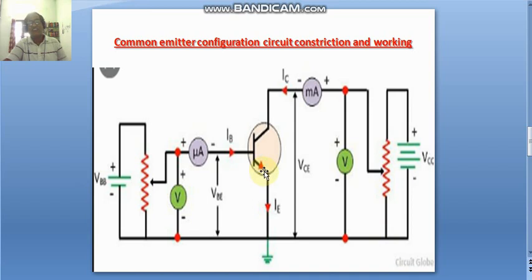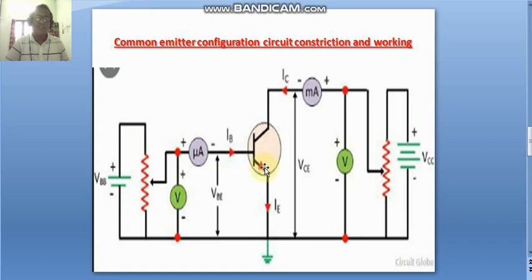This red arrow mark represents the conventional direction of the current, which is away from the base. Only in the case of an NPN transistor is the current direction away from the base. This is one method, and the second method is that the emitter is connected to the negative terminal, so it represents an NPN transistor.